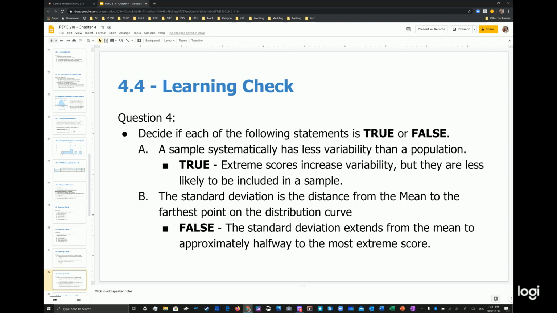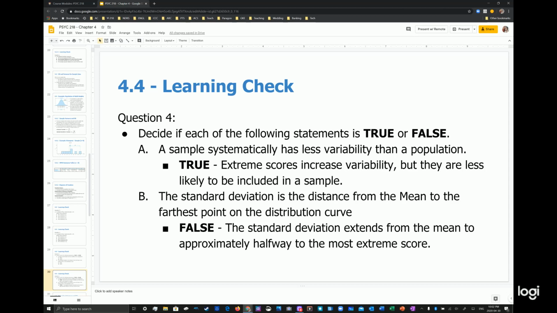Think about the distribution itself. Think about all the people that are piling up in the middle, which means a greater probability of being selected, because there's simply more of you. And each person has an equal chance of being selected. Again, extreme scores do increase variability, but they are less likely to be included in the sample because there are fewer of them, and therefore there's a lower probability with random sampling for that person to be selected if they happen to have an extreme score.